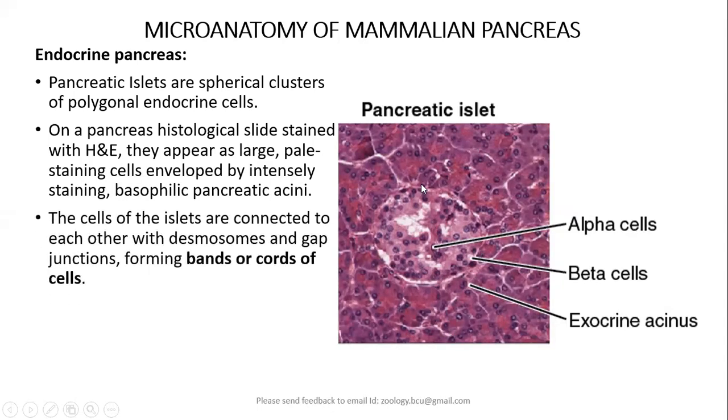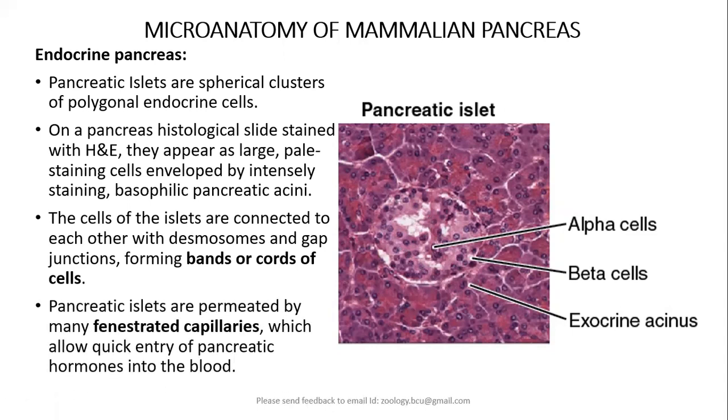The cells of islets are connected to each other with desmosomes and gap junctions, forming bands or cords of cells. Cords of cells means you can see rows of cells, branched rows of cells. So the cells also show special cell junctions.